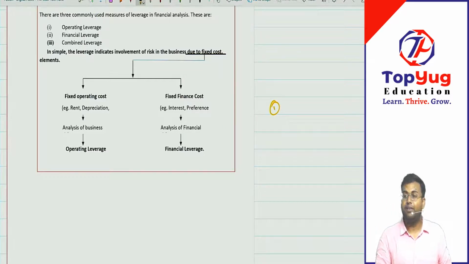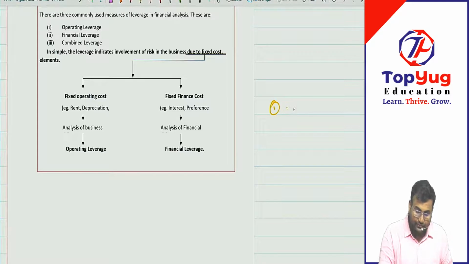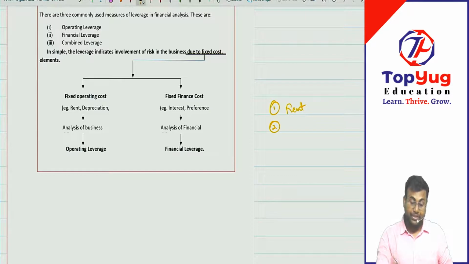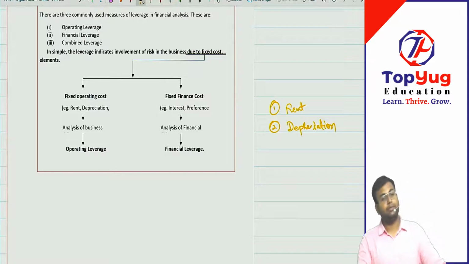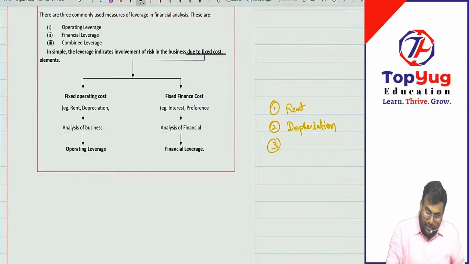Okay, you say rent is a fixed cost. Okay. Depreciation is a fixed cost. Okay. She says equipments.